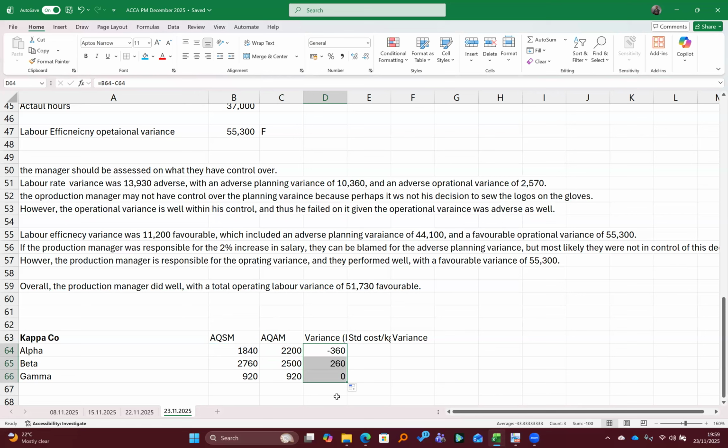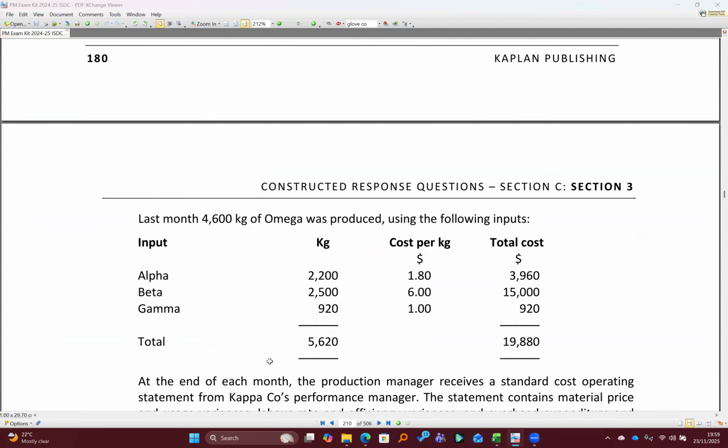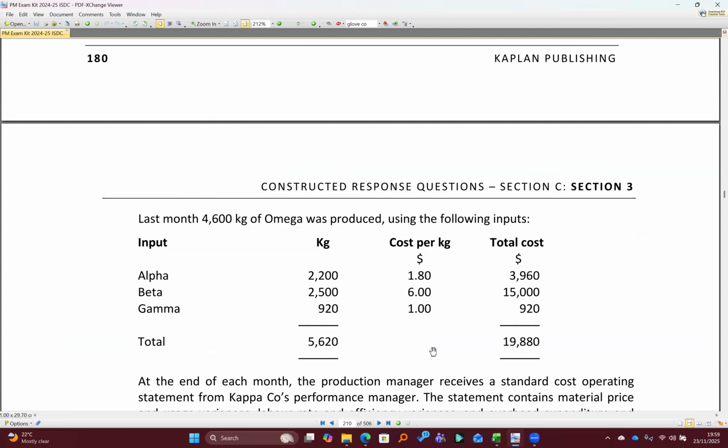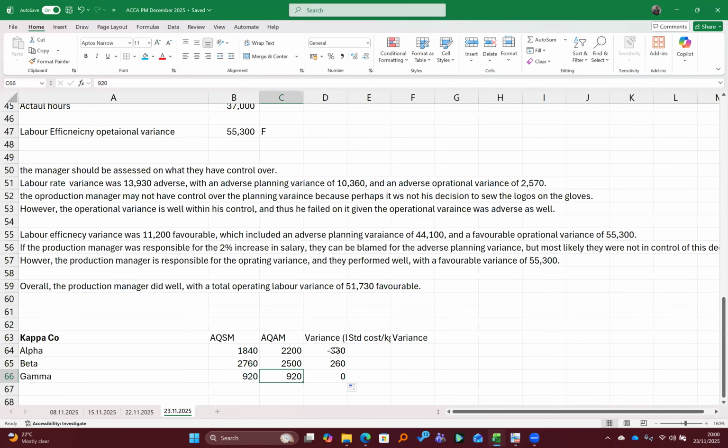So the variance in kilograms, so is this 920? Yeah. You can see that we use more alpha and less beta, but for gamma we use the same exact quantity.